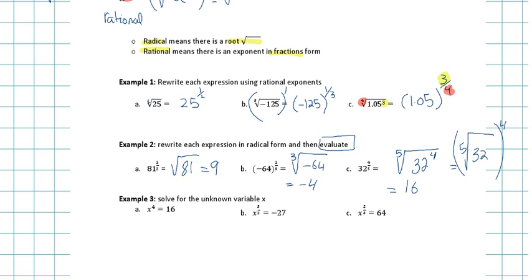And if you are stuck in putting this in the calculator for some reason, you don't know how to put it in radical form in the calculator, you always have the 32 to the power of 4 over 5 backup, right?